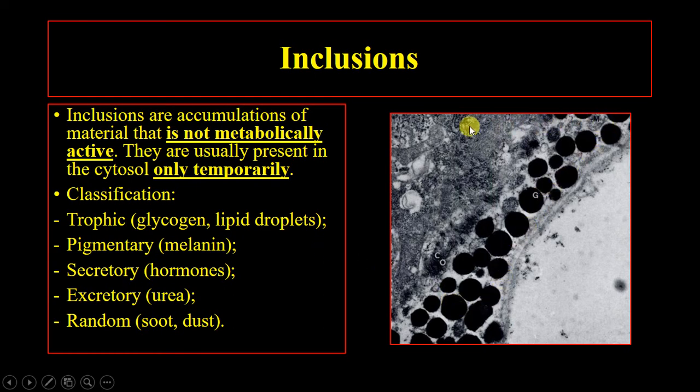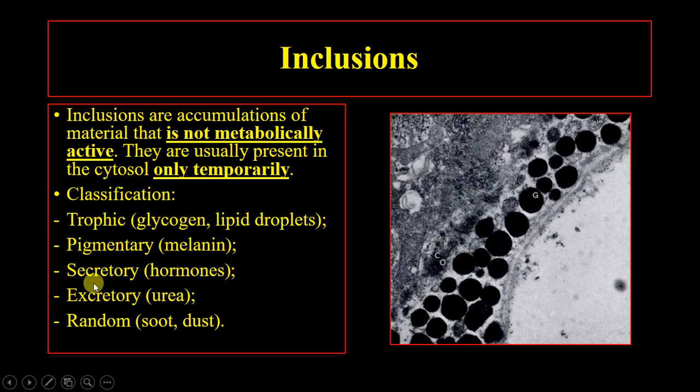There are electron microphotographs in which you can see the lipid drops in the cell, the trophic inclusions. Another type of inclusion is the pigmentary inclusion. These are different types of pigments. For example, the main pigment of the skin is melanin, which gives the skin its color.